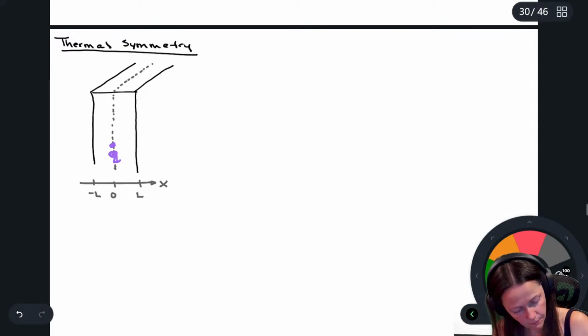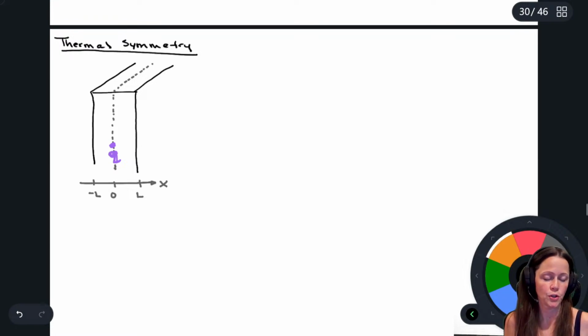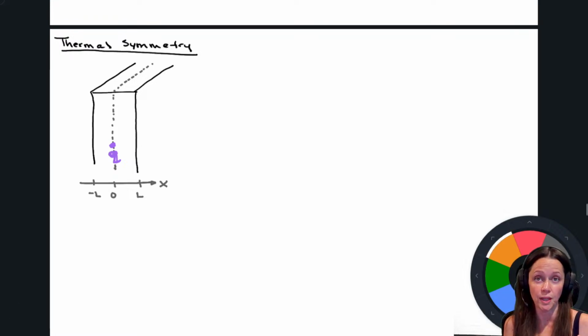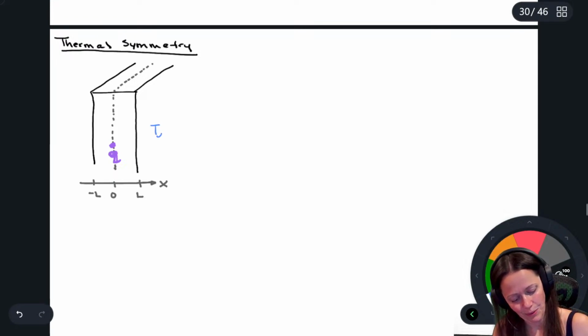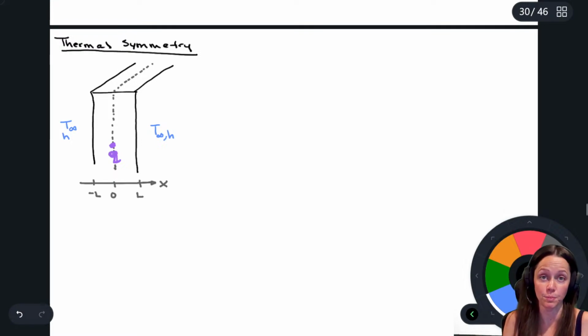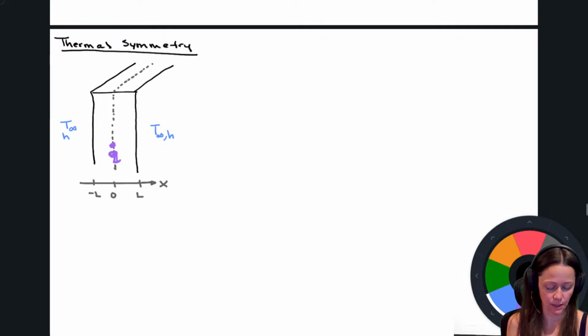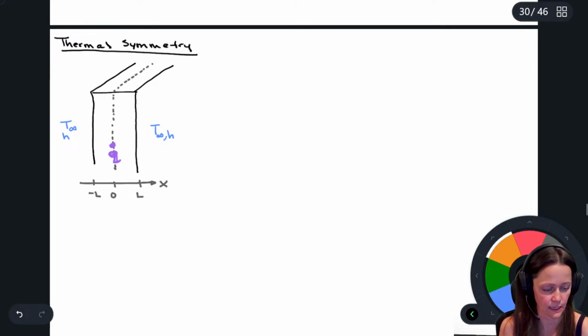If I wanted to look at the temperature distribution within that medium, well, I forgot to say, we've got convection on the sides. Same convective boundary condition on the sides, right? Same temperature, same convective heat transfer coefficient. So same conditions on the sides.